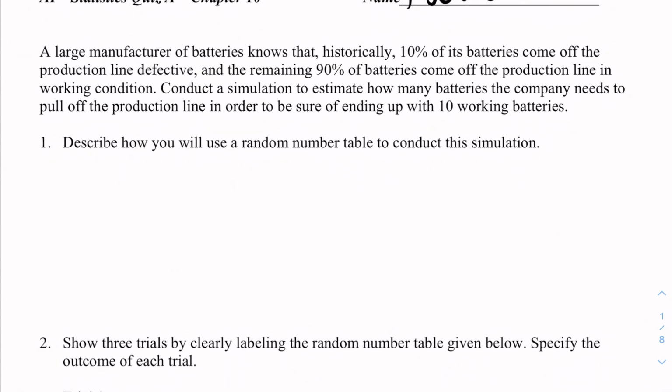So the first question: a large manufacturer of batteries knows that historically 10% of its batteries come off the production line defective, and the remaining 90% come off in working condition, which is what we want. Conduct a simulation to estimate how many batteries the company needs to pull off the production line in order to be sure of ending up with 10 working batteries.